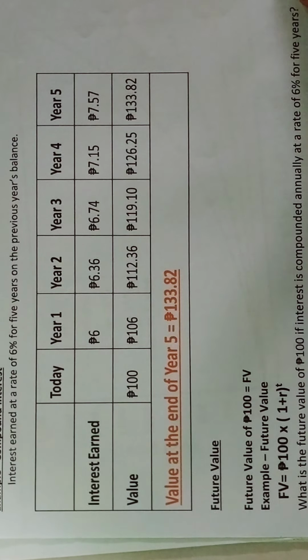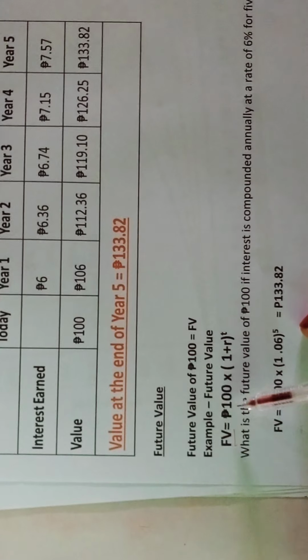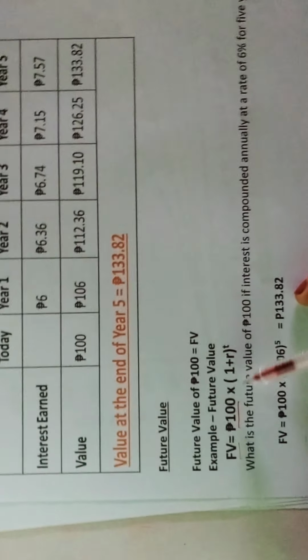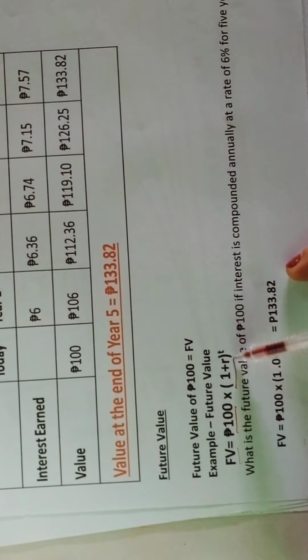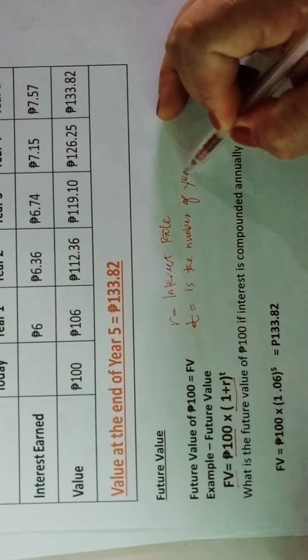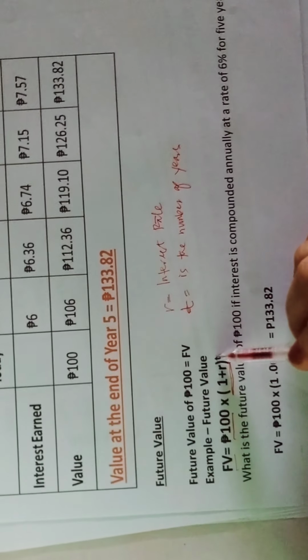Future value is equal to the value of our money today times (1 plus r) to the power of t, where r is the interest rate and t is the number of years.